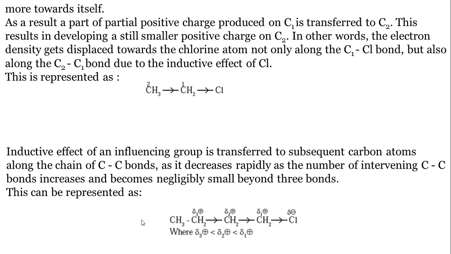But this inductive effect will be very strong between carbon number 1 and this chlorine. As the carbon increases, the inductive effect will be very, very small, and if 5 carbons are there, it is very, very negligible.